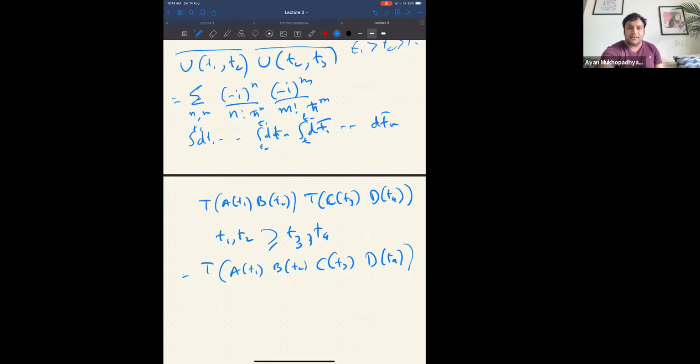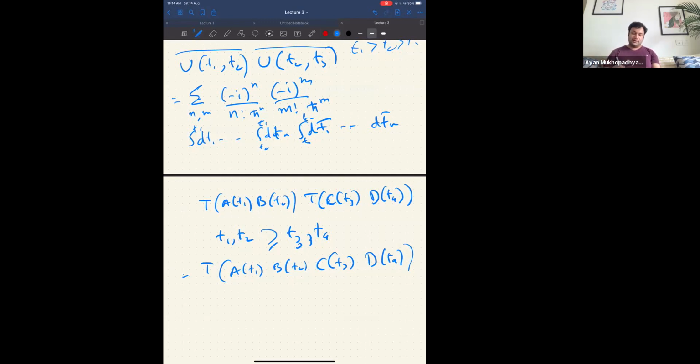And each term would be relevant on its own. So there is only one term in here and only one term there, and the time ordering symbol would simply handle it. Of course, when you write it, you say theta this and theta that, but the theta function simply means that there's only one realization. So only one of these terms will actually contribute, right?